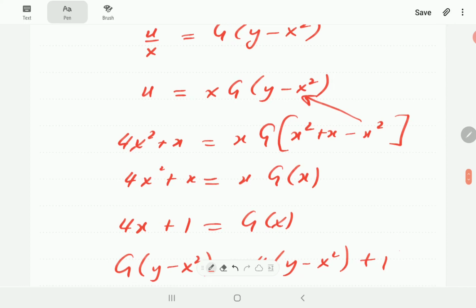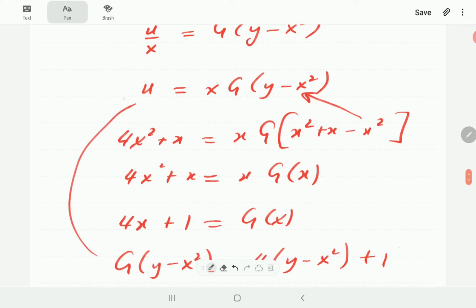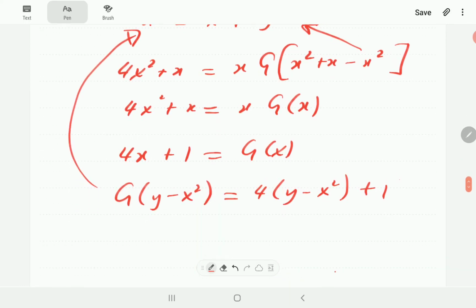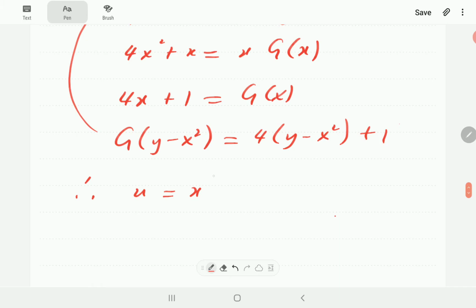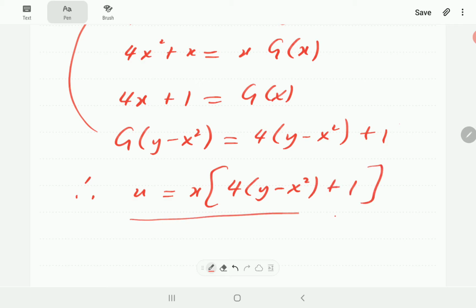And then we're going to take this and plug it in here. So therefore we're going to have u equals x into 4 times y minus x squared plus 1, and this is going to be our particular integral surface for this problem.